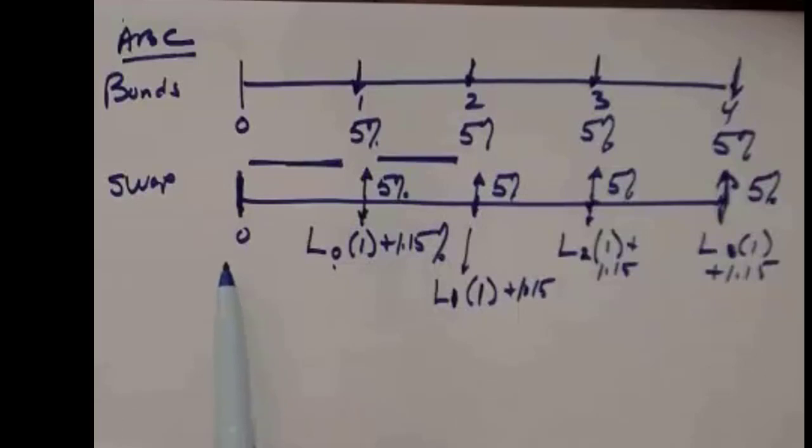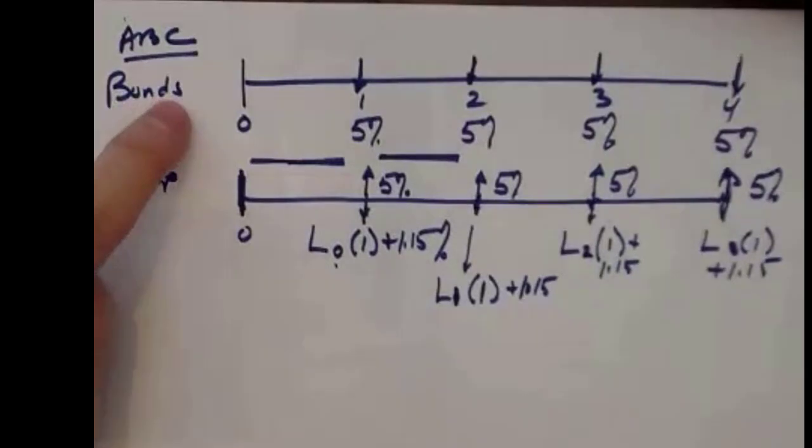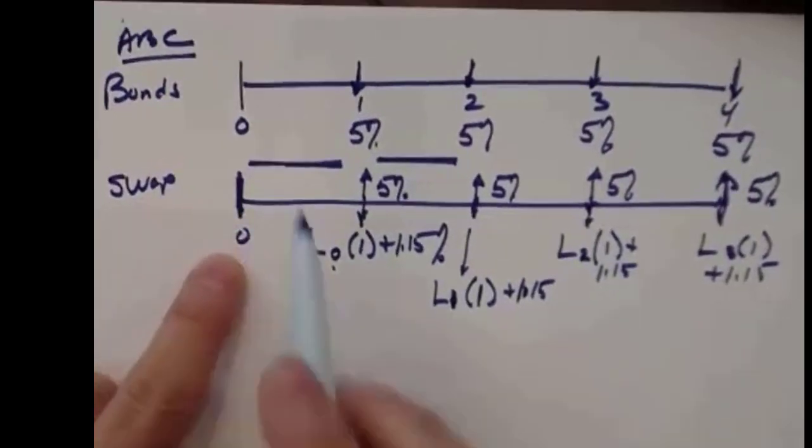The other thing you want to notice here is that we're swapping just the interest payments. The net payments are what will be swapped. There's no notional value being swapped on either end. When you enter into these instruments, you could swap the notional value at time 0.